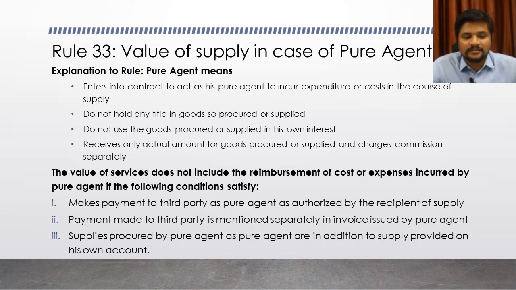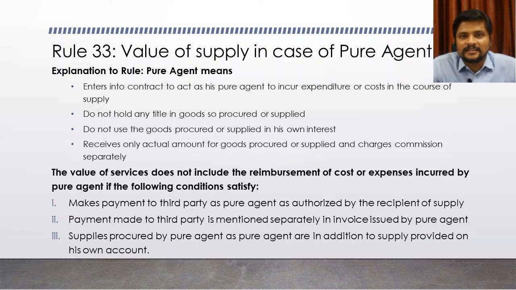That is the third condition. The fourth condition is he receives only the actual amount for the goods procured or supplied and charges commission separately. See, for example, I appoint an agent on my behalf, and I ask that agent to procure certain household materials for me. Instead of me going and purchasing those materials, I am appointing an agent.